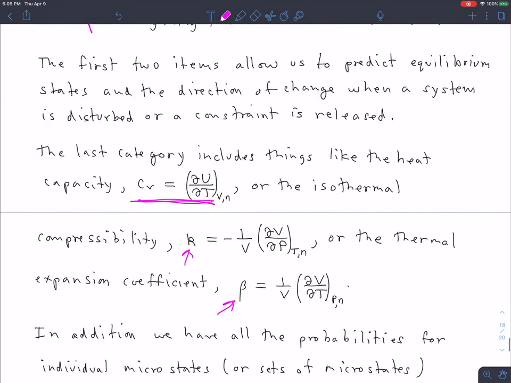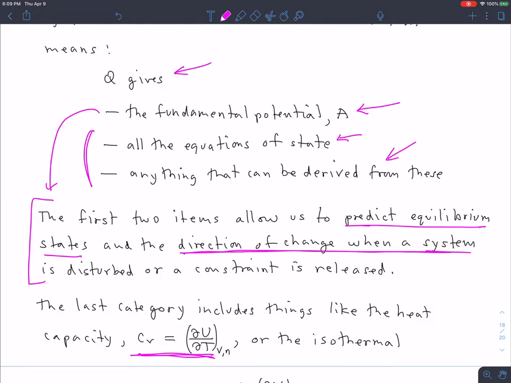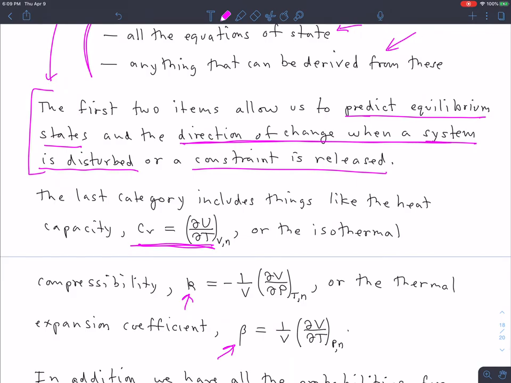And so the first thing here, the fundamental potential, tells us all the equilibrium behavior of the system. It allows us to predict equilibrium states. It allows us to predict which way the system will change if we make some disturbance or if we release a constraint on the system, if we let the pressure go or something like that.